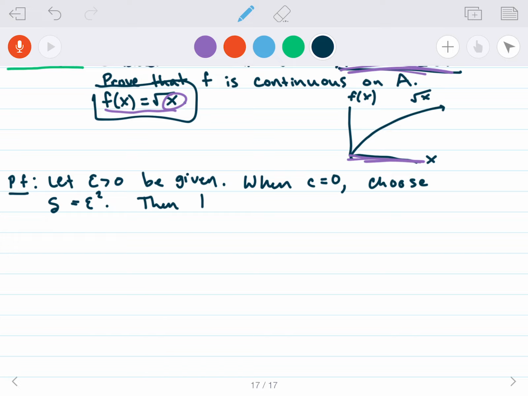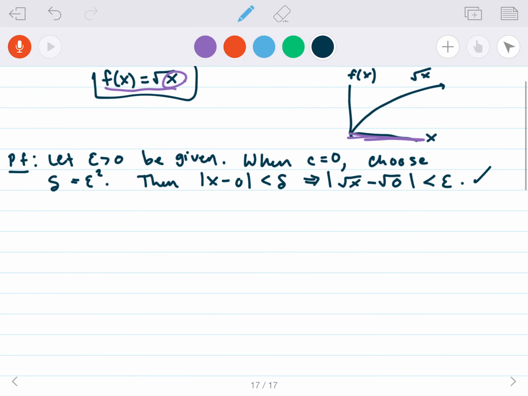Then x minus 0 less than delta implies square root of x minus square root of 0 is less than epsilon, and that's just by our scratch work. So it's continuous at 0. When c is bigger than 0, choose delta equals epsilon root c by our scratch work.